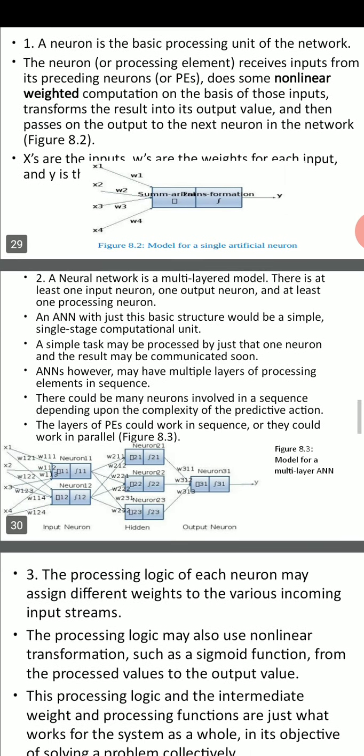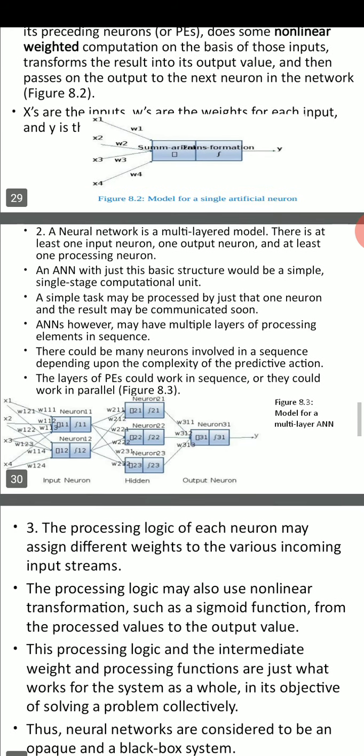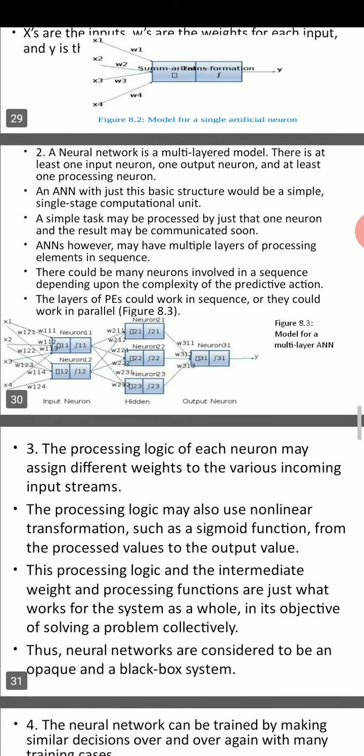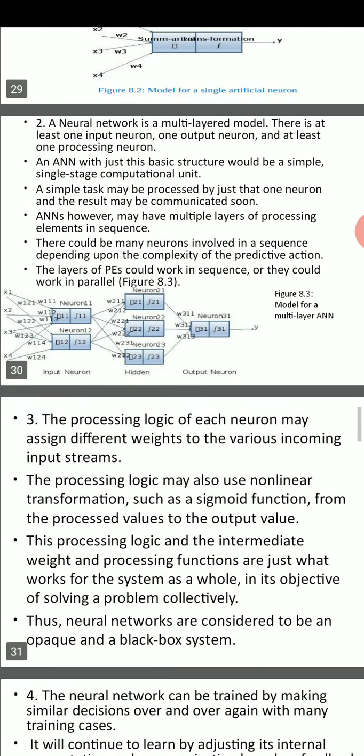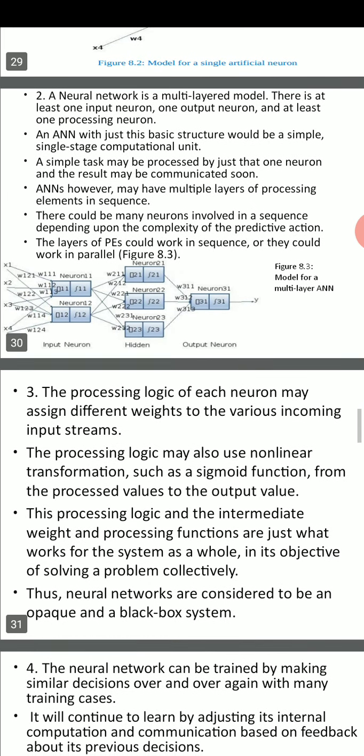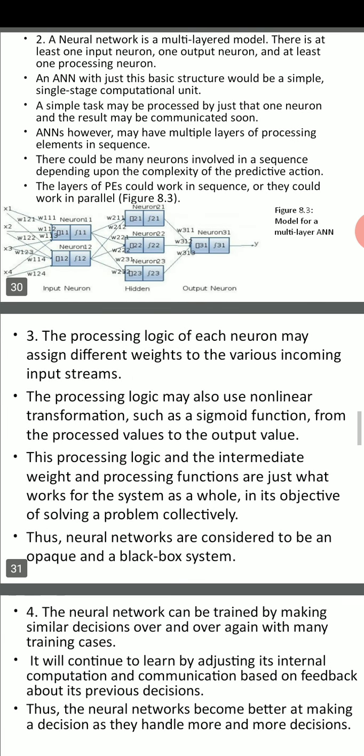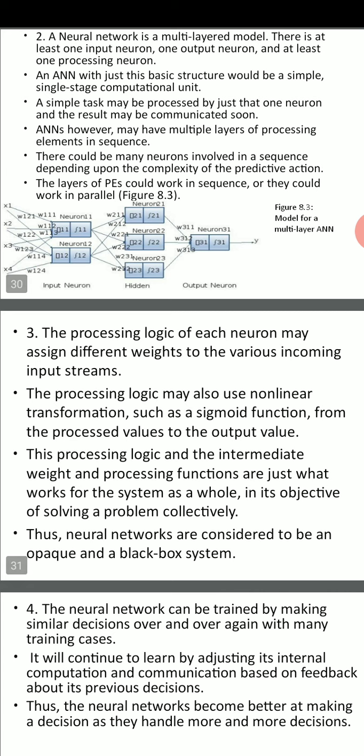An artificial neural network is a multi-layer model, that is, at least one input neuron, one output neuron, and at least one processing neuron is necessary. An artificial neural network with just this basic structure would be a simple single stage computational unit.